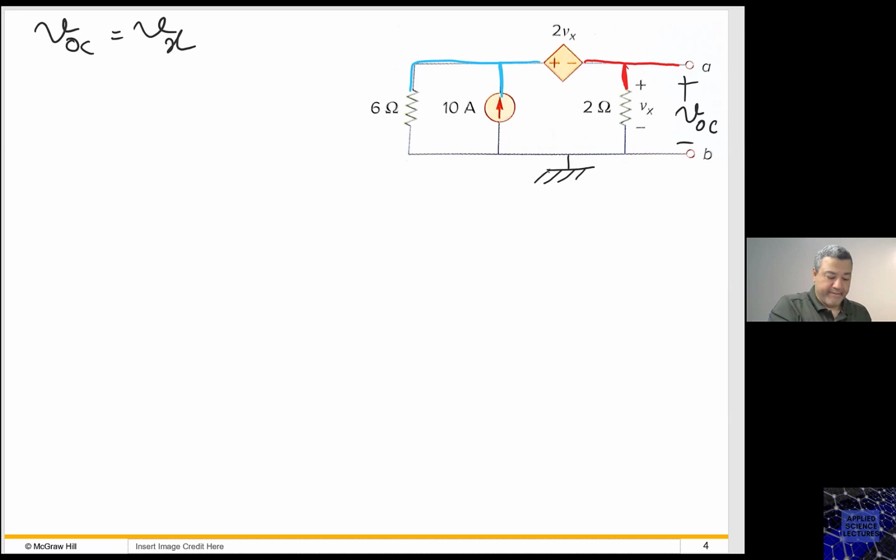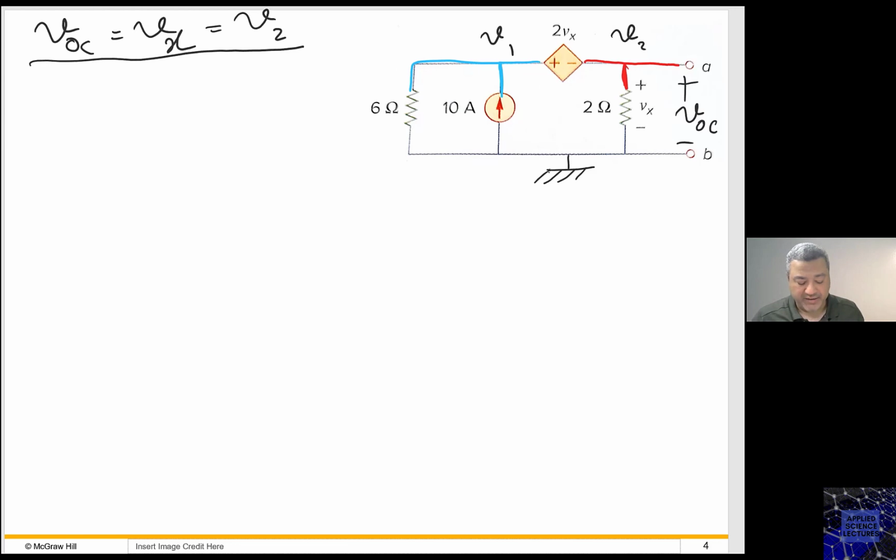To keep the same way of coding, I'm going to call this one V1 and this one V2. I know that V2 is VOC as well, and I know that V2 is Vx. If you want to keep the same format that you used for nodal analysis, V1, V2, V3, that's the way, but keep in mind that VOC is Vx is V2.